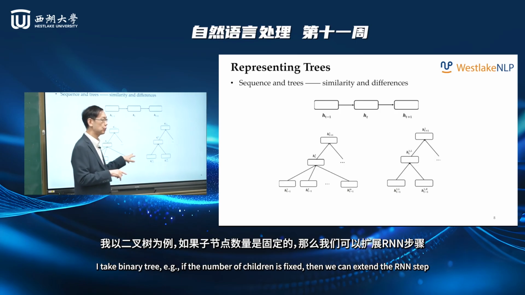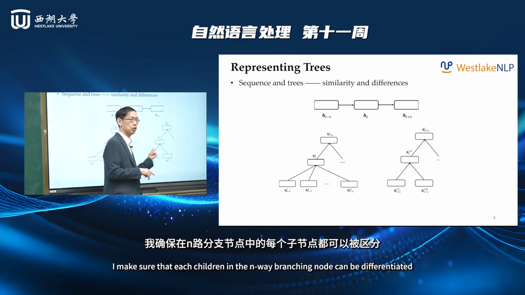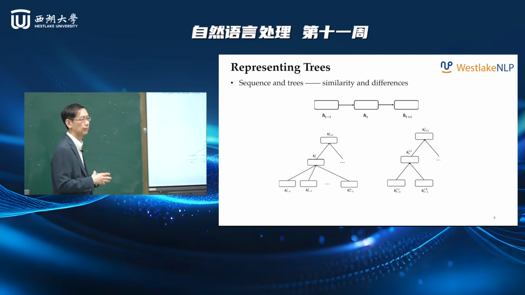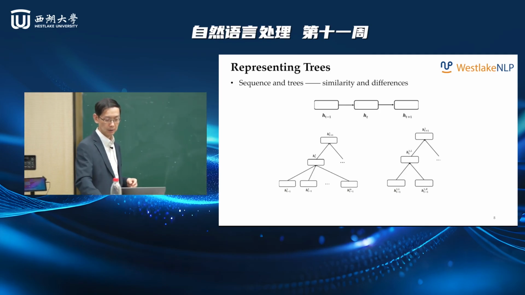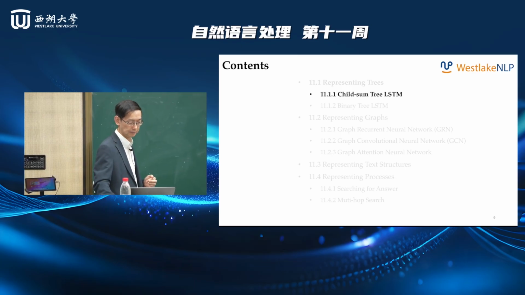If the number of children is fixed, then we can extend the RNN step and make sure that each child in the n-way branching node can be differentiated. Okay. So let's first look at the child-sum tree LSTM.